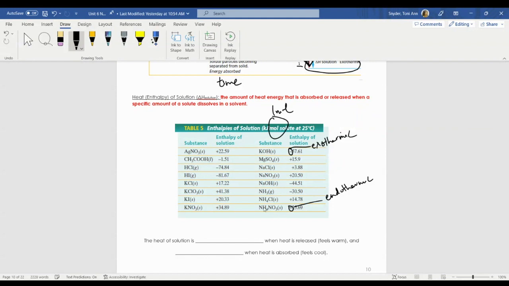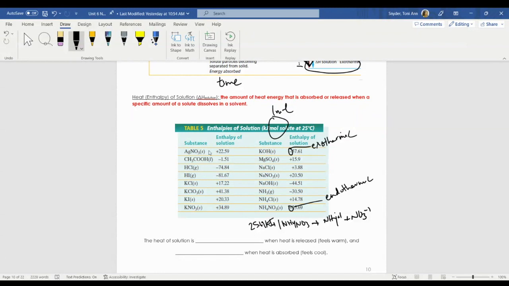So if I consider this ammonium nitrate, 1 mole of ammonium nitrate has to absorb 25.69 kilojoules of energy in order to dissociate into its ions, like this. So I would include 25.69 as a reactant.